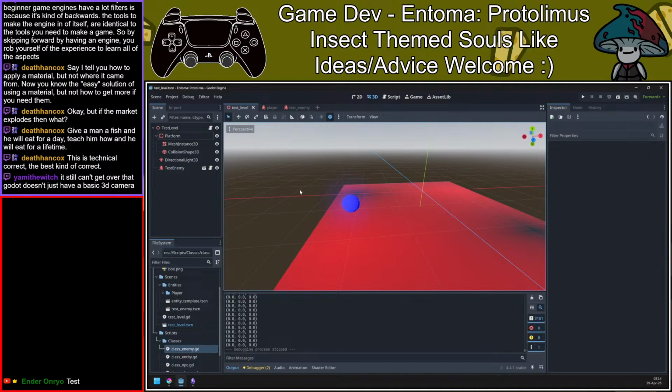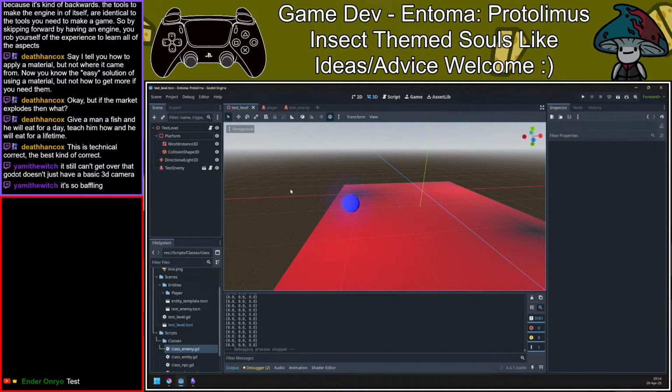Okay, so Godot doesn't have a basic 3D camera. I know, it's insane. Maybe there's just something we're overlooking.